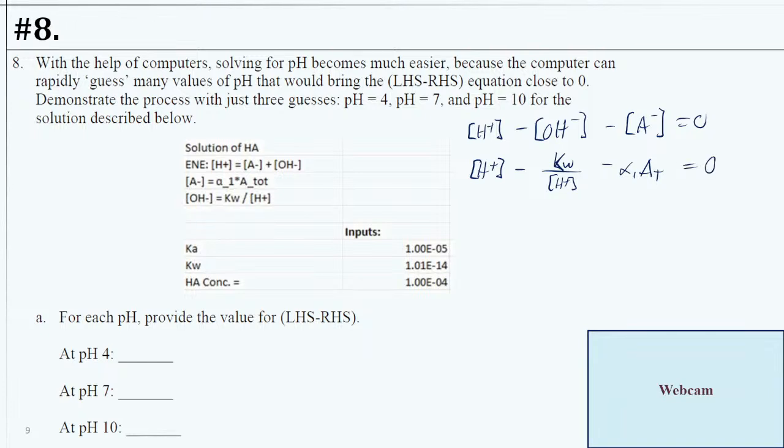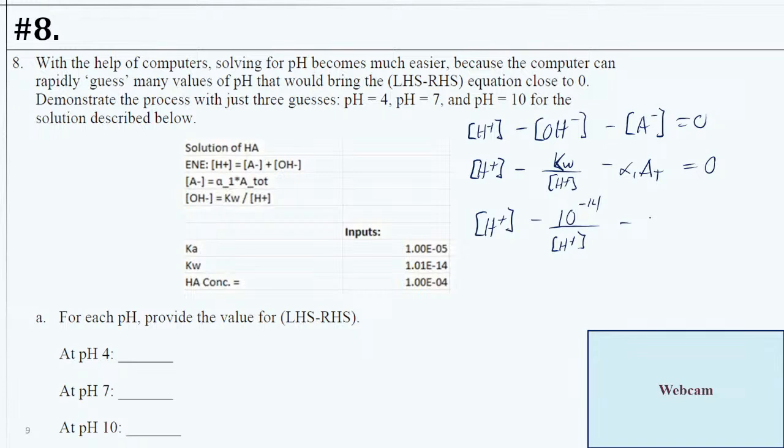So what we needed to do, when we were given a few inputs here, was essentially solve for this equation. We could go a little further and say this is 10 to the minus 14th, which was given. The H plus here was going to be one of the 3 conditions that we tested, right? So that will change each time, so you have to change that in your calculator each time you solve it.